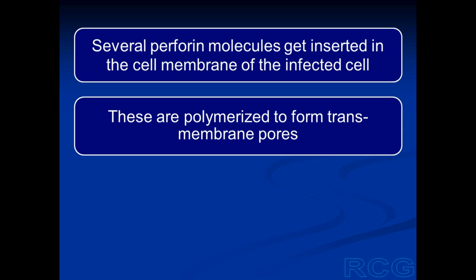Now, several molecules of perforin get inserted in the cell membrane of the infected cell, and they are polymerized to form transmembrane pores, tubular structures inserted in the cell membrane of the infected cell, which act as transmembrane pores.